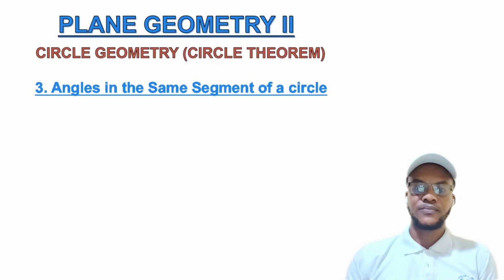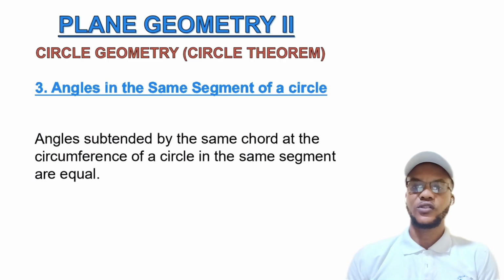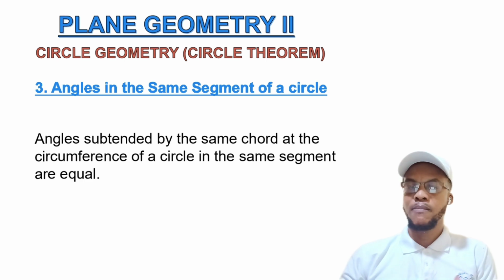So we are saying that angles subtended by the same chord at the circumference of a circle in the same segment are equal. So if you have a circle, what this theorem is trying to say is that if you have a circle and have one chord, once you get angles at the circumference, any part of the circumference in the same segment, once you realize that those angles are subtended by that same chord, then those angles are equal.